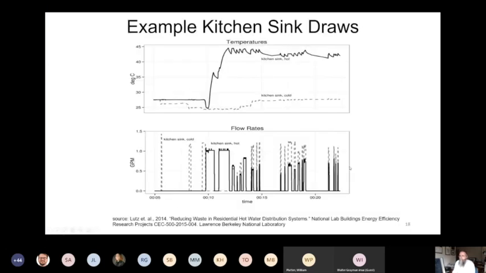This is a kitchen sink draw, the same two charts. You'll see that they used cold water up till about 10 minutes for washing, rinsing pans or something. At 10 minutes, they turned the full hot water on, but you'll notice it took until maybe about 12 seconds till they actually got hot water at the sink. That's the upper plot, the dark solid line.